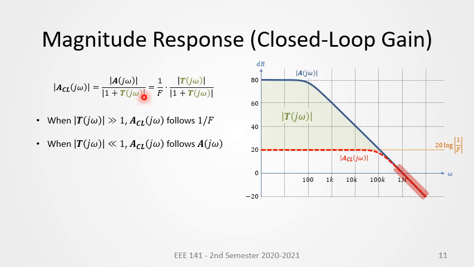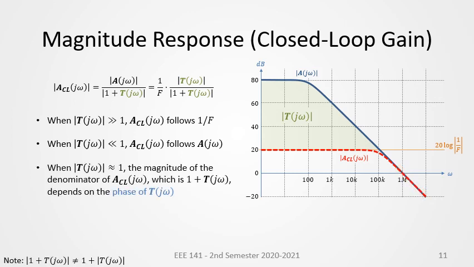This can be easily seen with this form, where if T of j omega is much less than 1, then the denominator is approximately equal to 1, and therefore the closed loop gain will be approximately equal to the open loop gain.